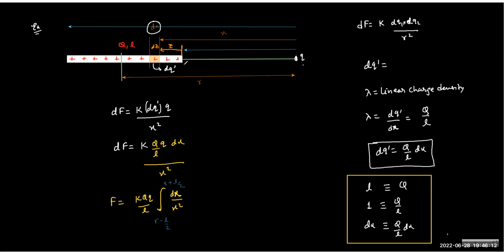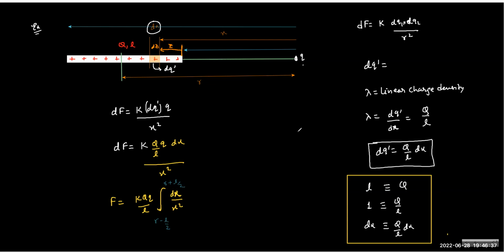So how should z vary to cover the rod? Of course, 0 to L. Right, it's right. So 0 to L is the variation.